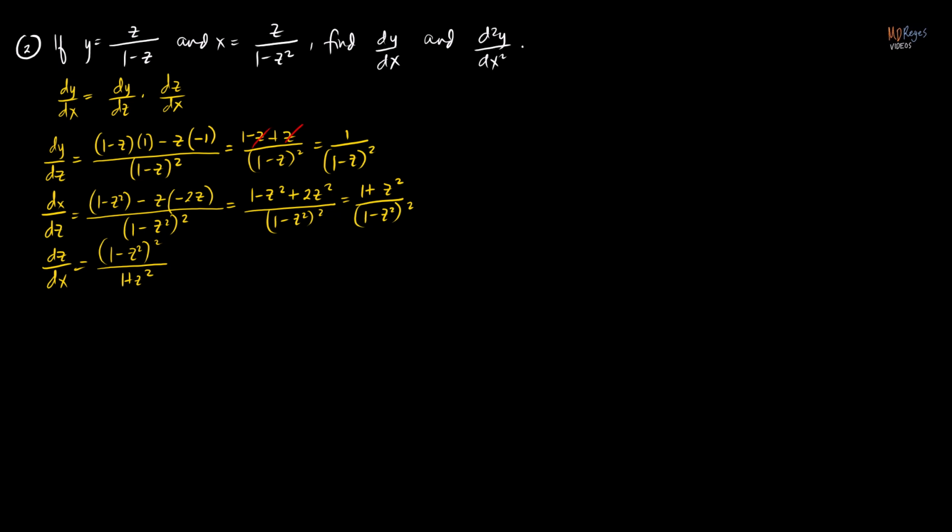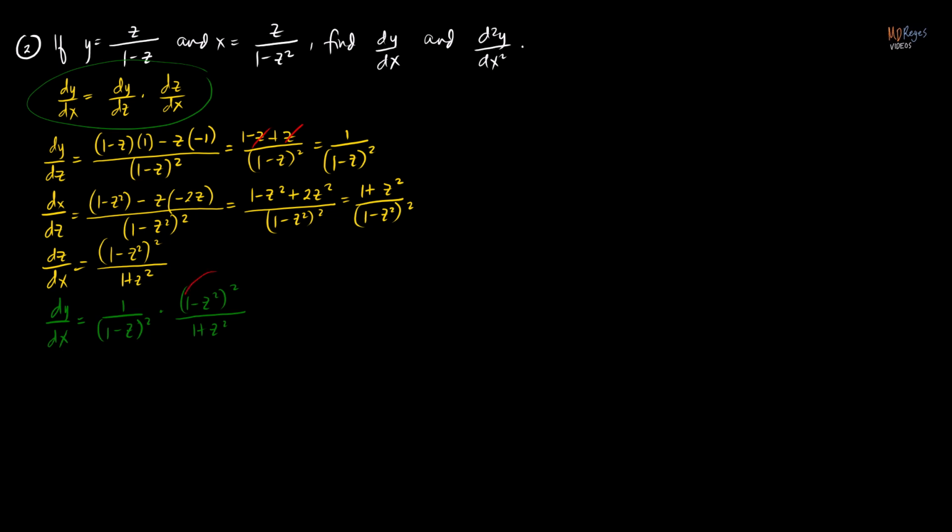Right, so dy over dx is equal to, using this formula, dy over dz, well, it's equal to 1 over (1 minus z squared) quantity squared. So this is dy over dz times dz over dx, where dz over dx is (1 minus z squared) quantity squared over 1 plus z squared.